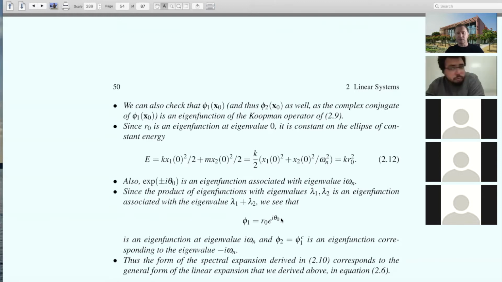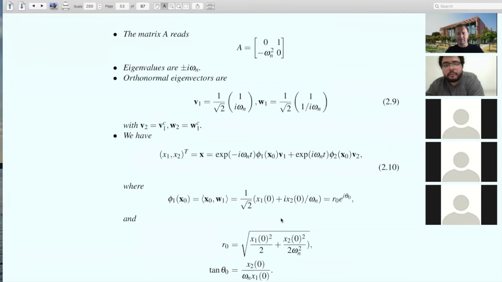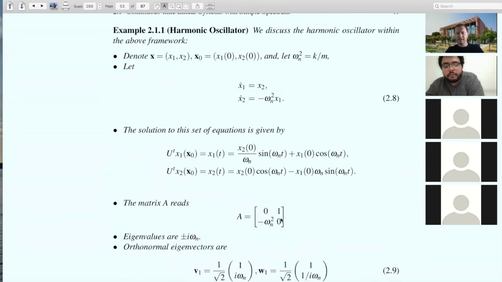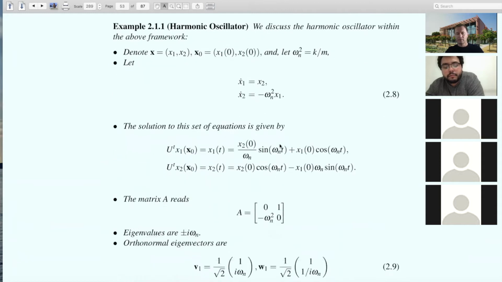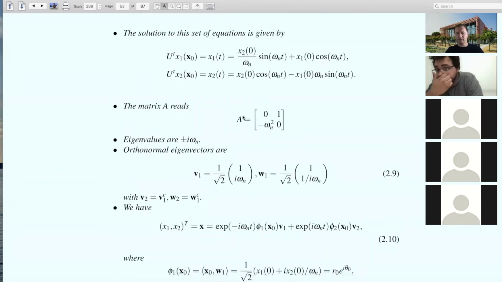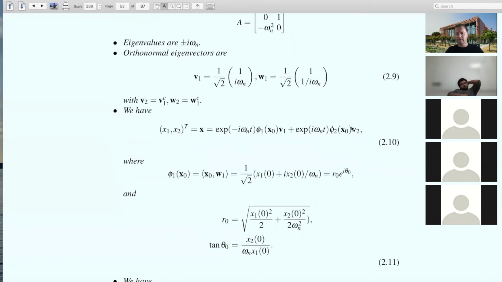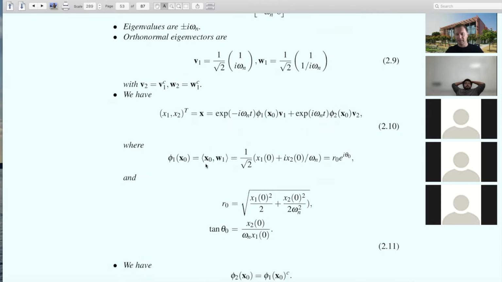All right, so the moral of the story is that given this system here, we could have just taken a look at the matrix here. Forget that we already know the solution. We could have looked at the matrix. We could have written down this expansion. That gives us the solution. And then phi 1 and phi 2 are defined explicitly here.